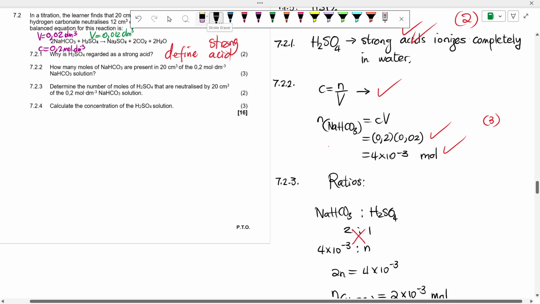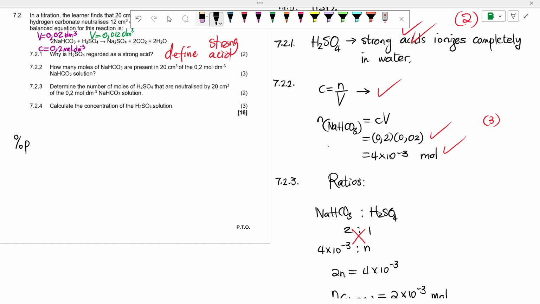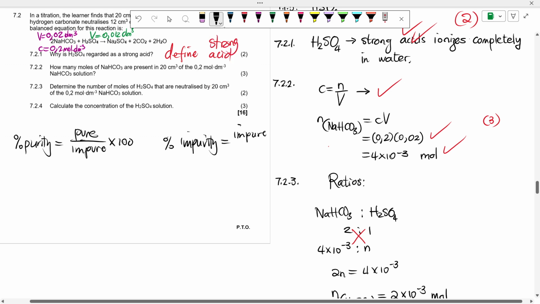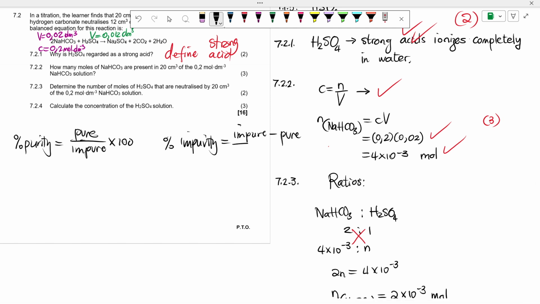What I'll say is, go and revise percentage purity, because we didn't find it here, and that's pure over impure. They can go ahead and say percentage impurity. If they say percentage impurity, then you're supposed to say sample minus pure, divided by sample.